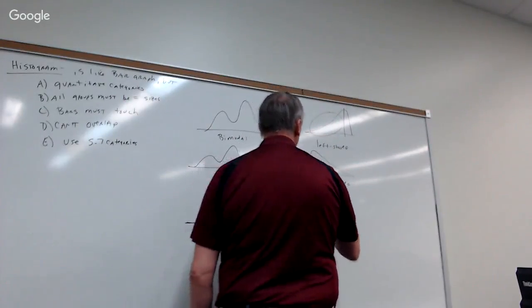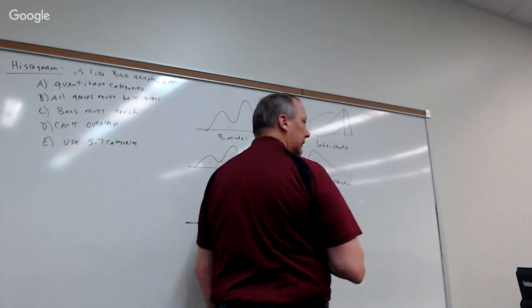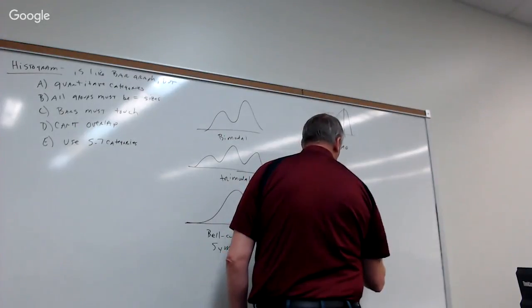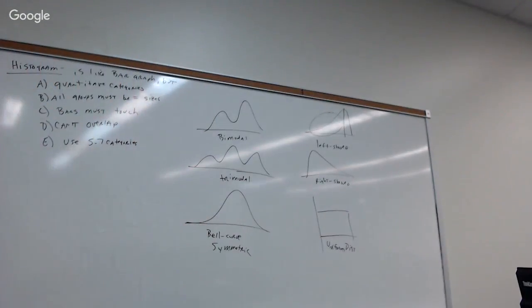And then you might see something that looks roughly like a rectangle. This would be what we would call a uniform distribution. Does that make sense?